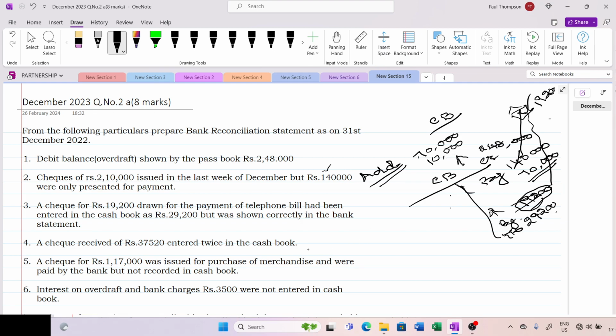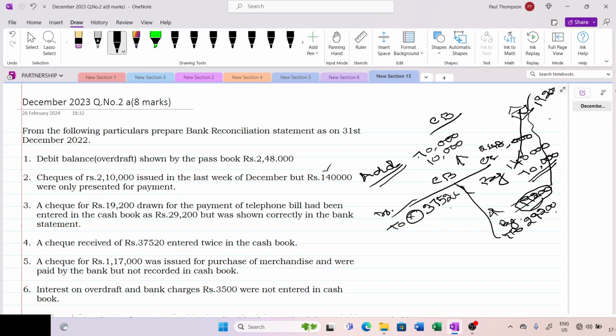Now going to the third point. I have received a check of 37,520. This is my debit side, receipt side. So the moment I received a check from somebody, some X or M company, I'm just assuming, I received a check of 37,520.